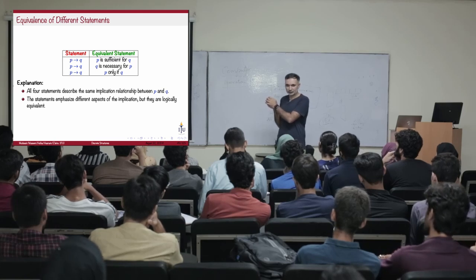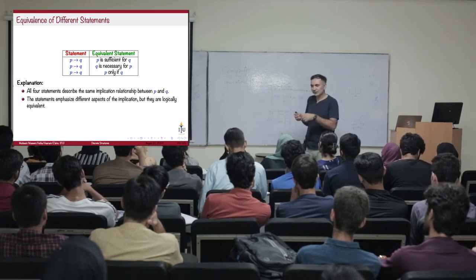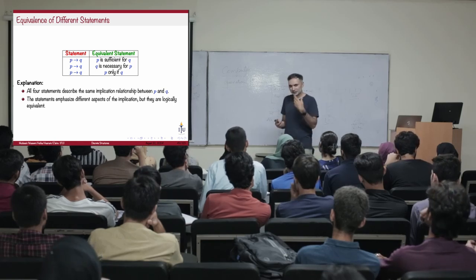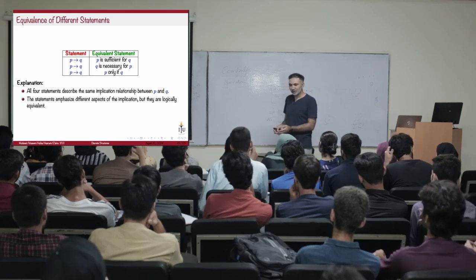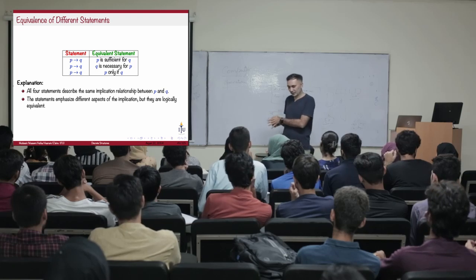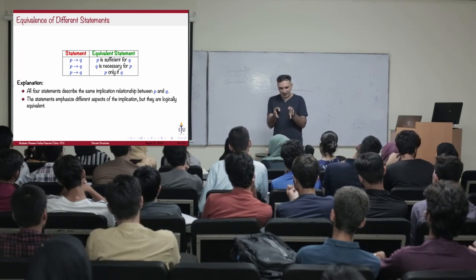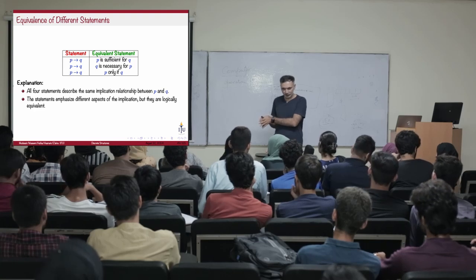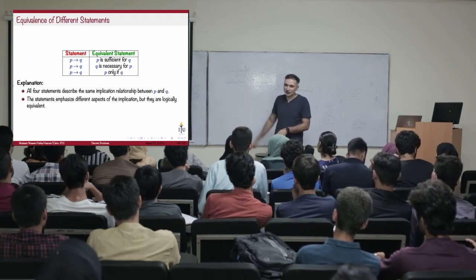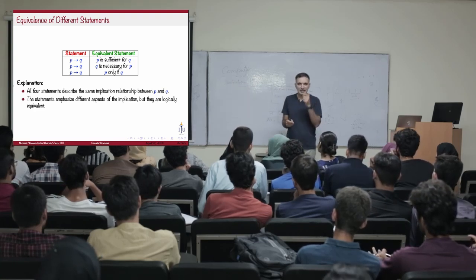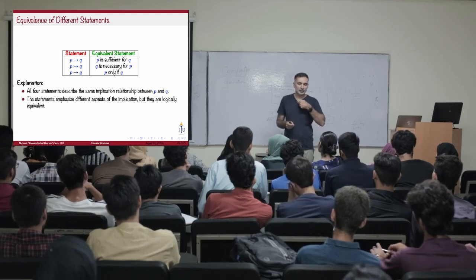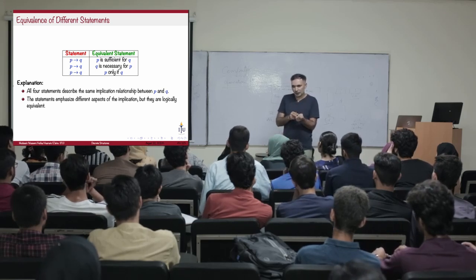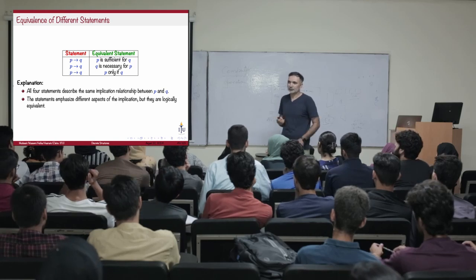It's kind of a mind twister, but let me say it once more. If P then Q is saying P is true only if Q is true. I just repeated this statement. The rephrasing of it is: you cannot have P true if Q is false.